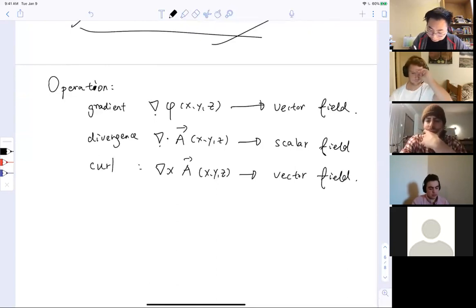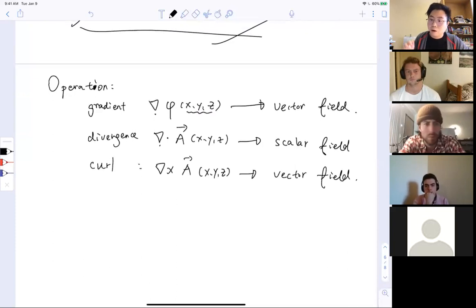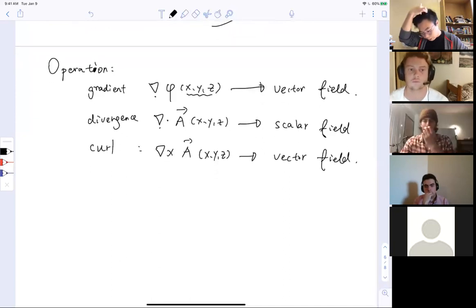Because there's no XYZ dependence, meaning that when you take a derivative, it's just a number, and you always get 0. So only when you have a vector field can you talk about differential stuff like integration, because there's a space, there's a domain, you can do integrals, you can do derivatives. Right.